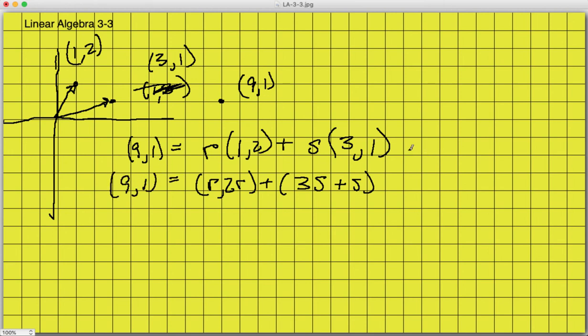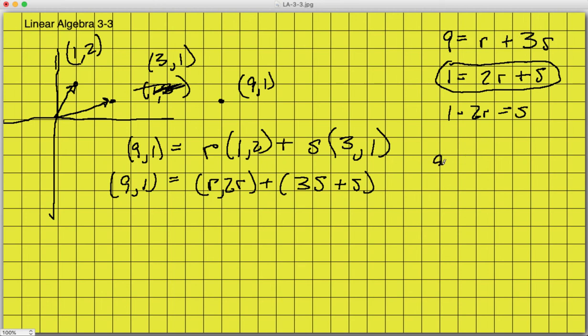And if I go ahead and try and solve this, I get that 9 is equal to R plus 3S. And then I come over here and I get that 1 is equal to 2R plus S. Well, first of all, from this one right over here, I can get that 1 minus 2R is equal to S. And now I can come back and substitute that in there.